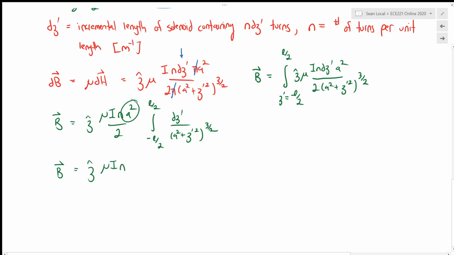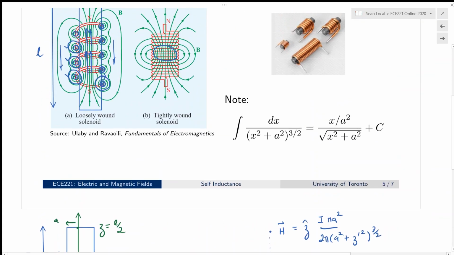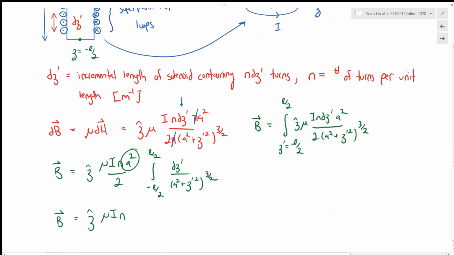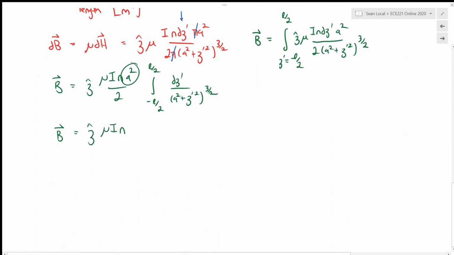Now this a squared term is going to disappear, because in our entry here we can see that we're dividing by a squared, and so that's going to be canceled out, and we just have mu I n over 2. And then we can evaluate the rest of the integral. So the integral ends up evaluating to L over the square root of a squared plus (L over 2) squared. Okay, so there's the final expression for the B field.